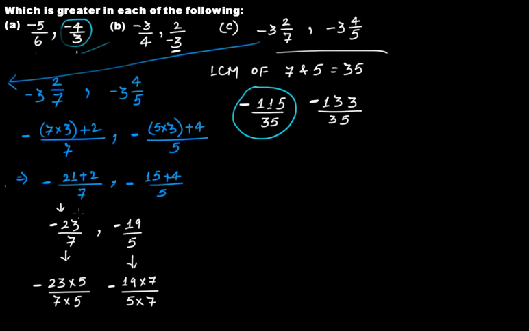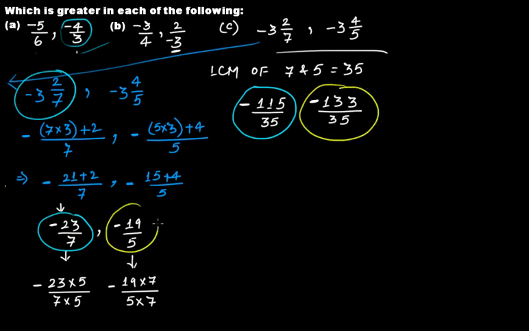Of minus 23 over 7. And minus 23 over 7 is actually what? This thing. Right? Minus 133 over 35 is an equivalent rational number of minus 19 over 5. And minus 19 over 5 is nothing else but this thing only. So that is important to keep in mind.